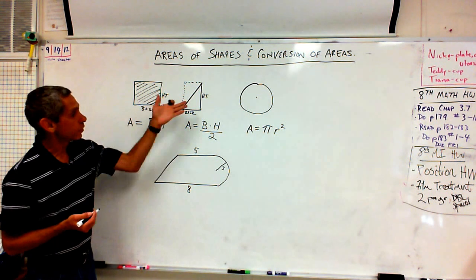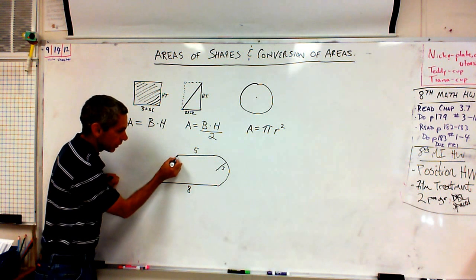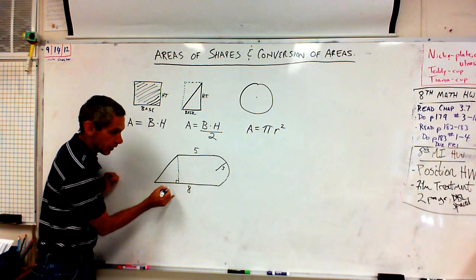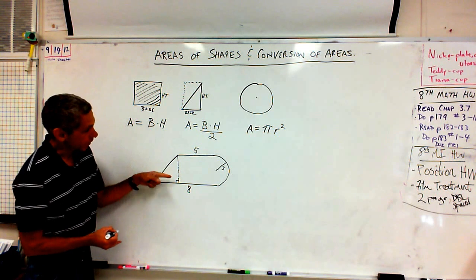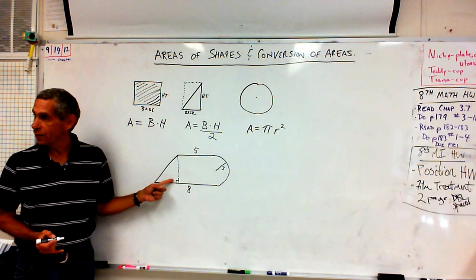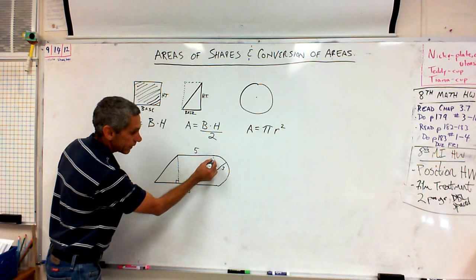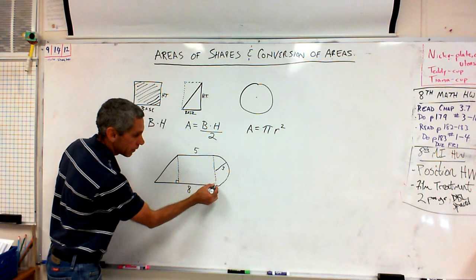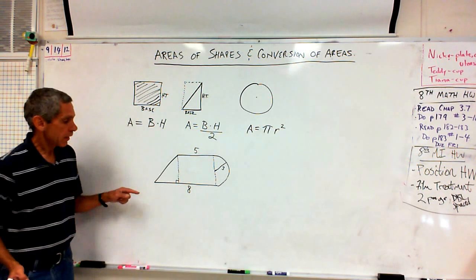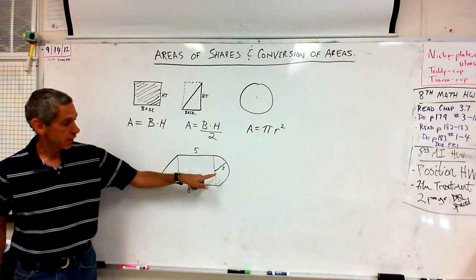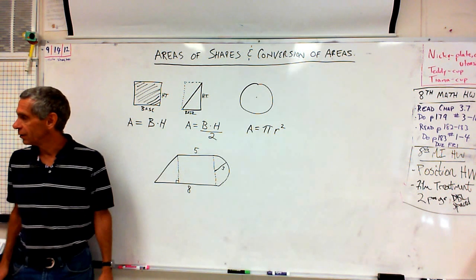I'm going to make it into one of my simple shapes by just putting a few dotted lines. This I'm bringing down. It's a 90-degree angle, coming straight down. By making a 90-degree angle, I am creating a rectangle. Right? A rectangle. And so I have now a triangle, a rectangle, and half of a circle.